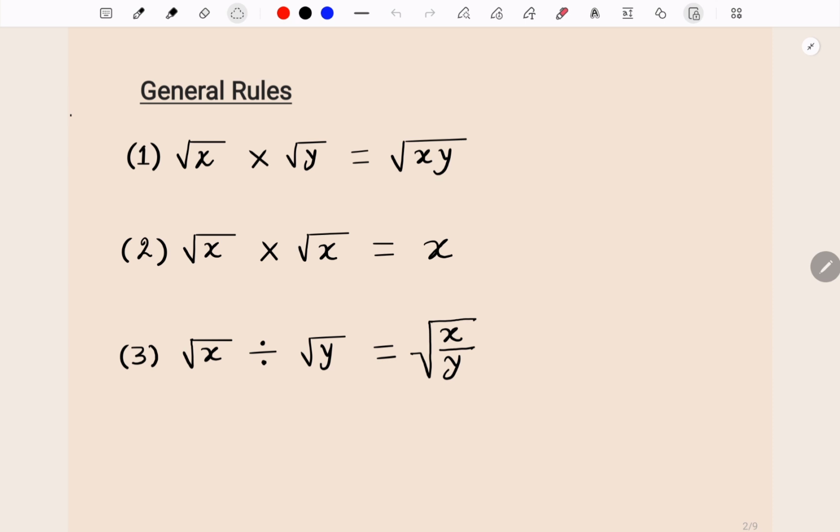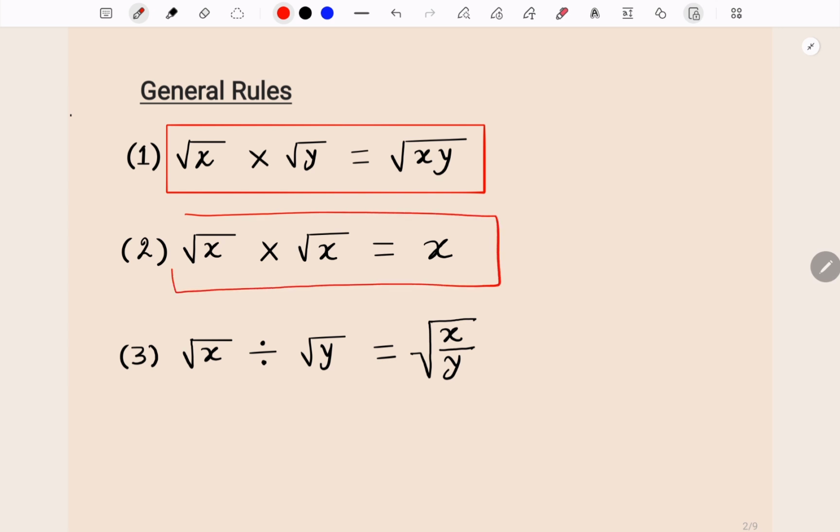Before we start with examples, let's recall some important rules. The first rule is root x times root y is square root of xy. So when we multiply surds, we can multiply inside the square root. The second rule says root x times root x is equal to x.